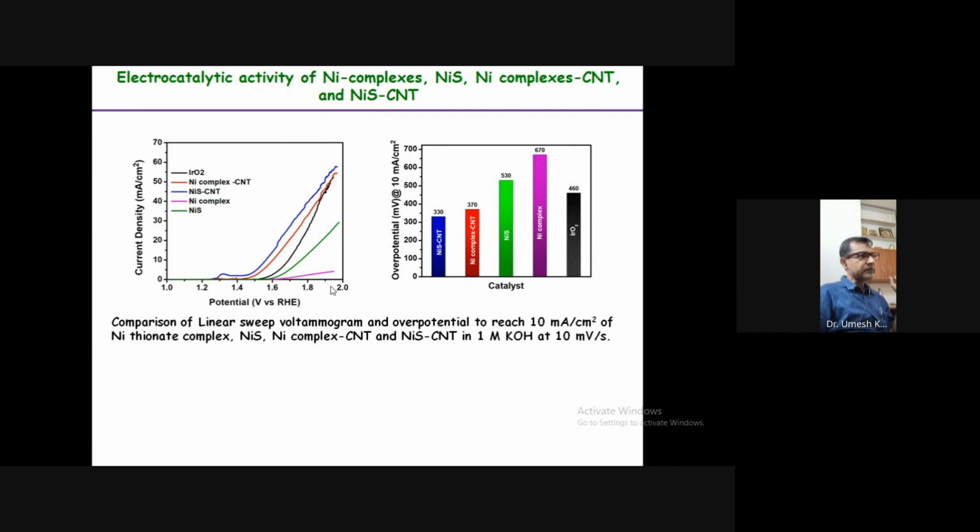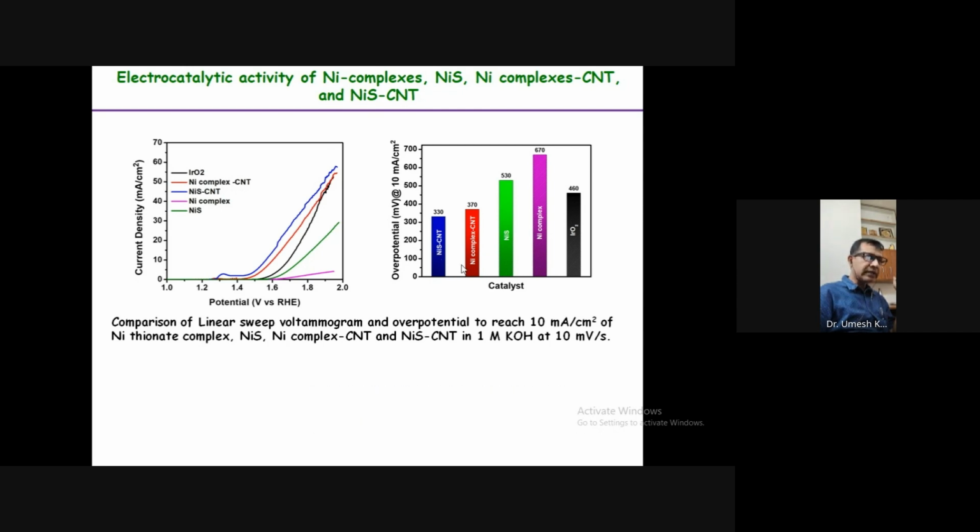Initially we have seen that the activity of the nickel complexes is very low. Once we decompose them to nickel sulfides, the activity slightly increases, though it is still less than iridium oxide. But once we gave the support of carbon nanotubes, the activity enhanced drastically for both the nickel complex CNT and the nickel sulfide CNT.